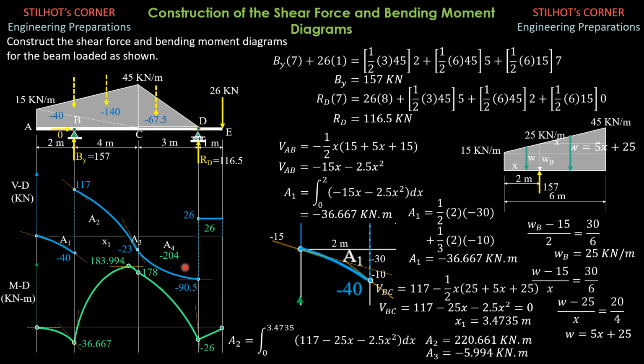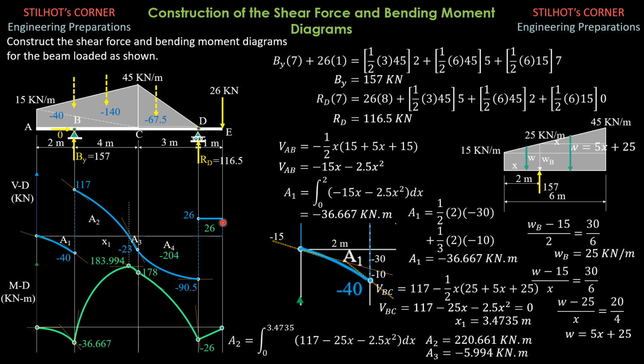The result is positive, but it is preceded with a negative sign because it should be negative. So again, area of rectangle 3 meters by 90.5, then area of spandrel 1/3 of 3 times 67.5, so you'll get 204 and make it negative 204.